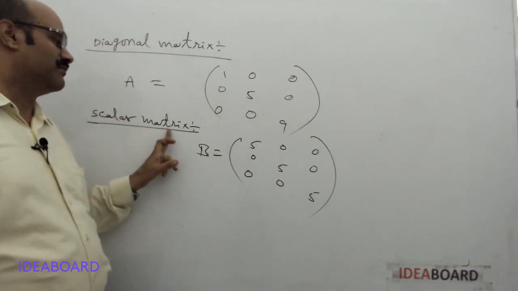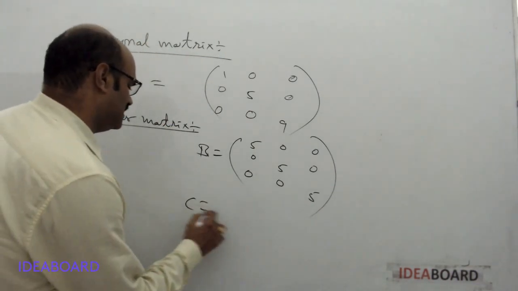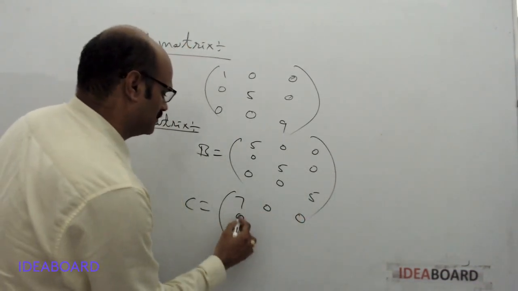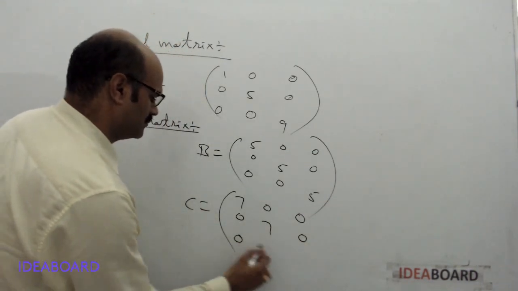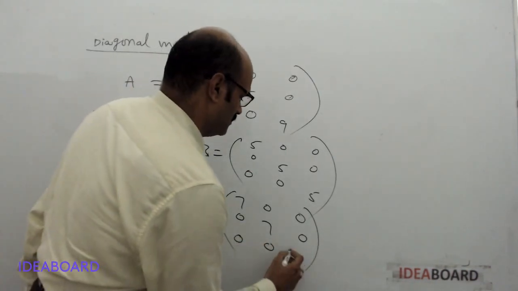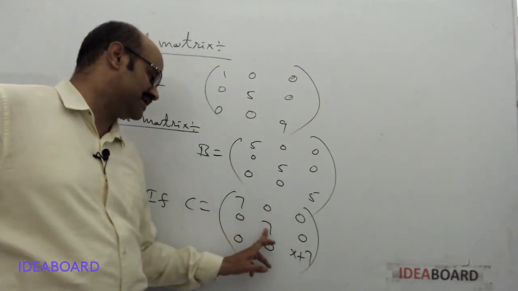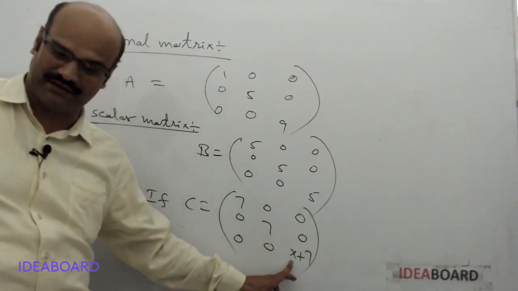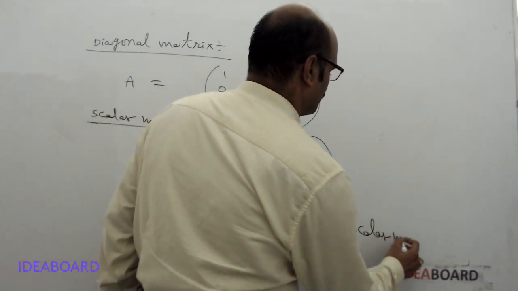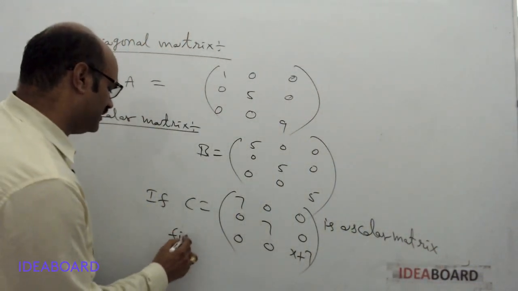Suppose if C equal to 7, 0, 0, 0, 7, 0, 0, 0, x plus 7 is a scalar matrix, find x.